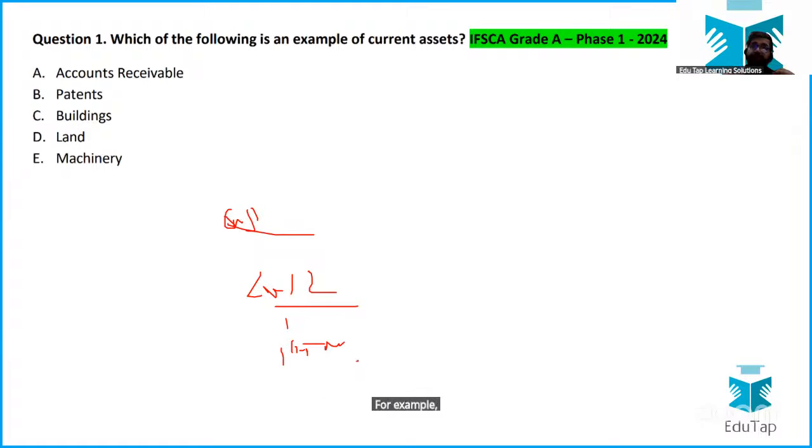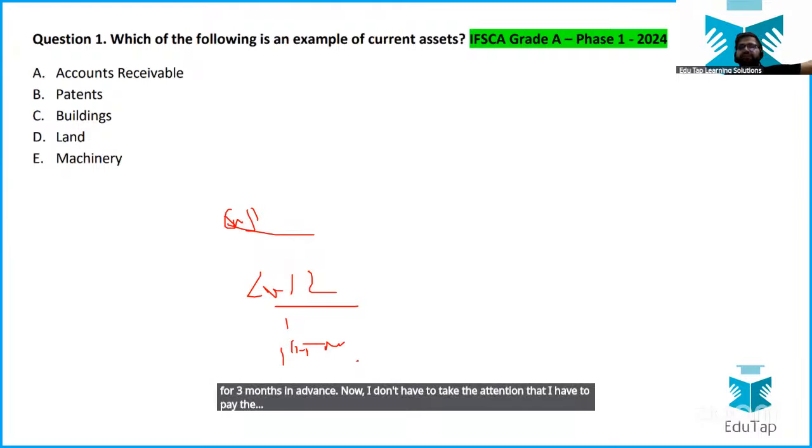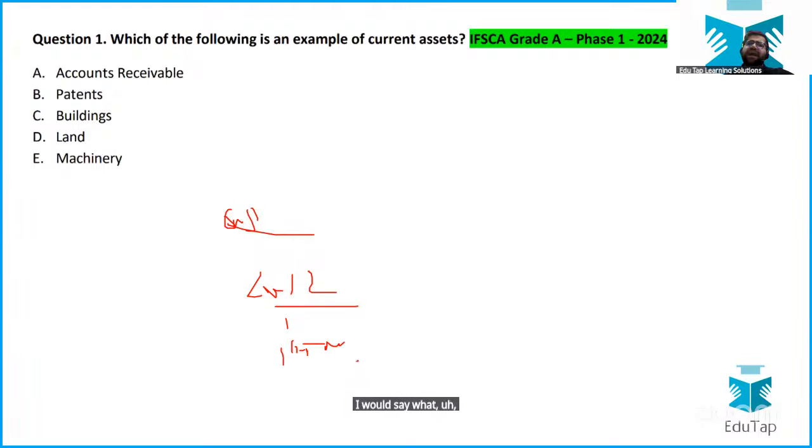For example, in a real scenario, I pay the rent for 3 months in advance. Now I don't have to take the tension that I have to pay the rent every now and then. I have paid 3 months in advance. So this means I will utilize the future benefit of the expense in later months, right? So prepaid expense is your current asset. You pay in advance so that you are tension free.